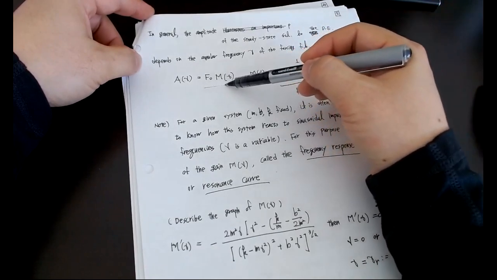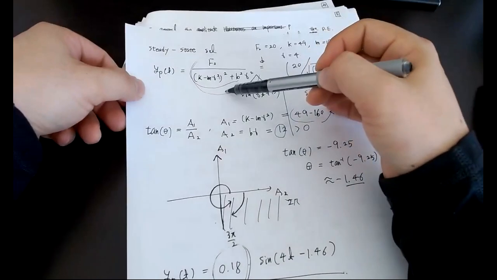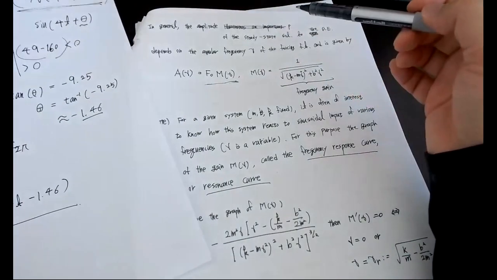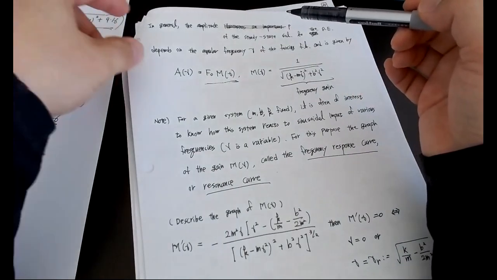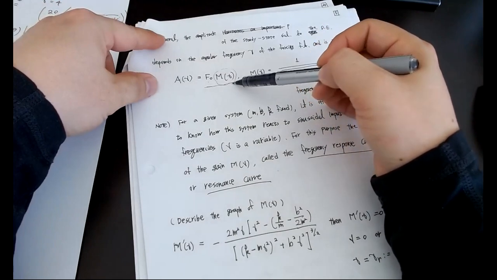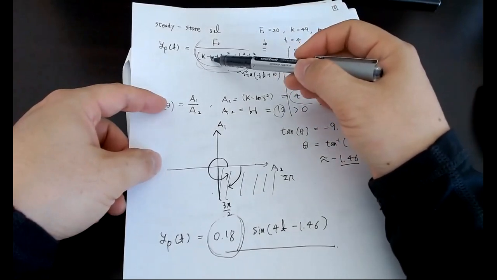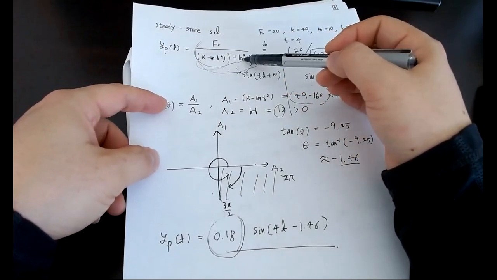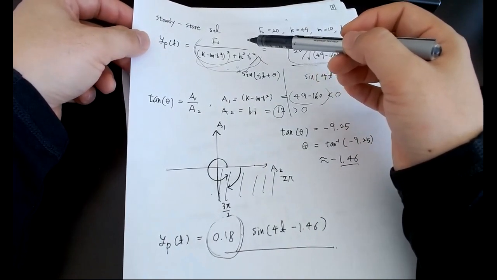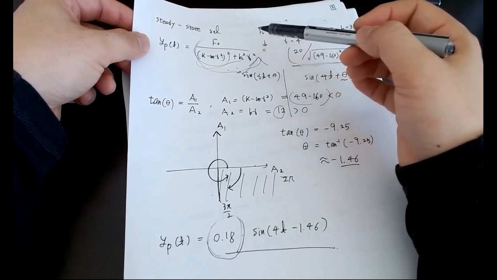We express the amplitude as F0 times M of gamma, because k, m, b are just given and fixed.